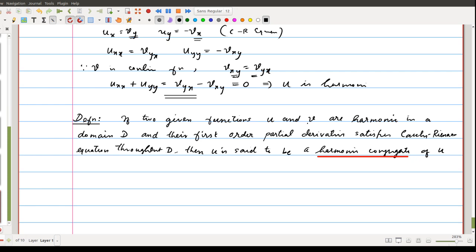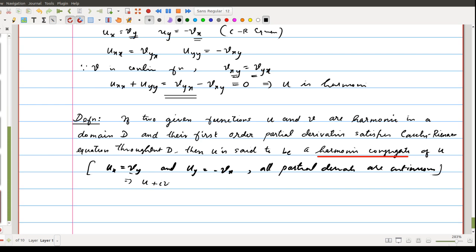If v is a harmonic conjugate of u, then we have ux equal to vy, and uy is equal to minus vx, and all partial derivatives are continuous. Then using the sufficient condition for differentiability, this would imply that u plus iv is analytic.